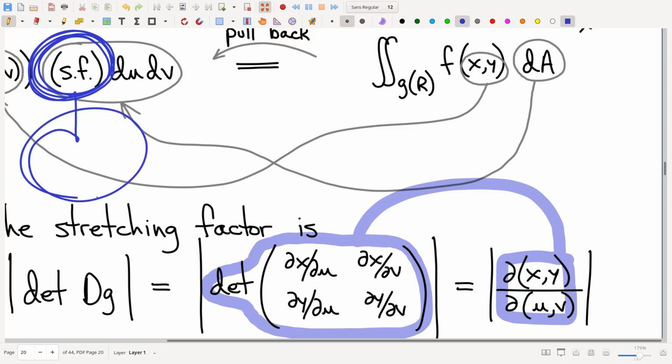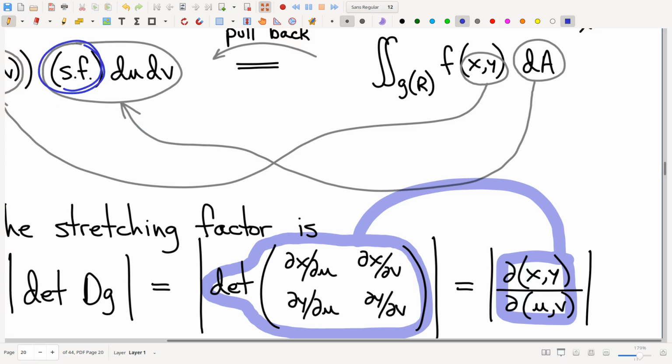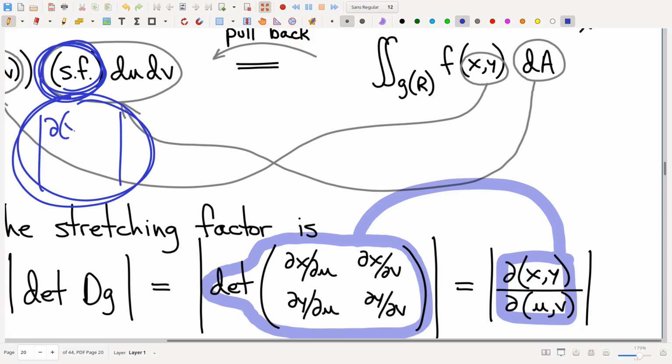The stretching factor, absolute value, partial (x,y), partial (u,v), using this new weird notation. That apparently is what you multiply by du dv.